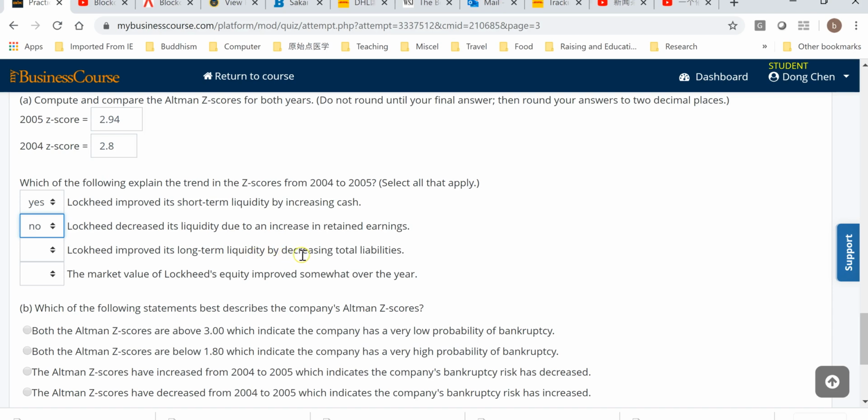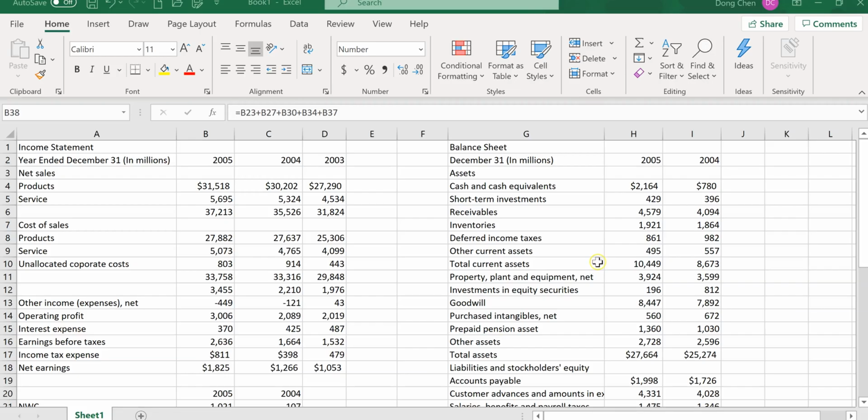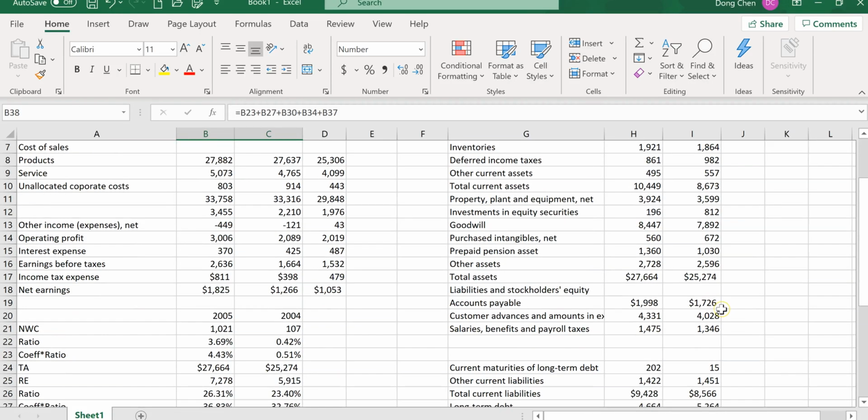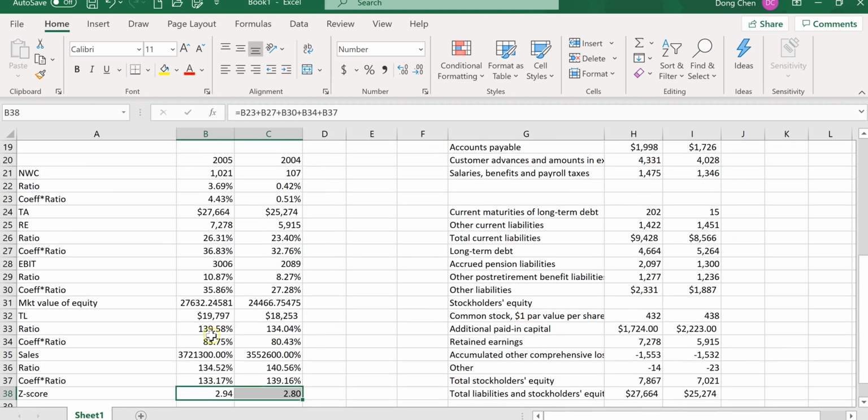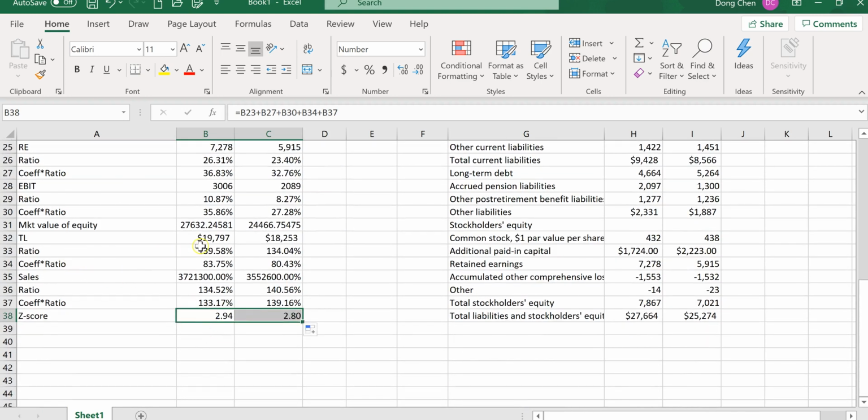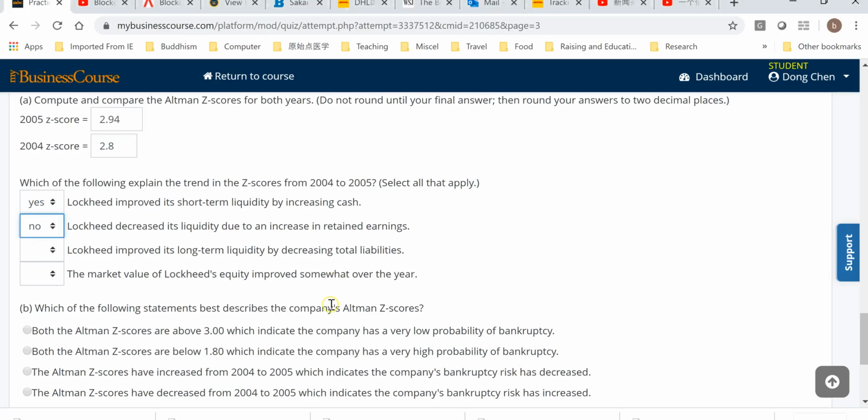And just to be absolutely sure, let's see whether total liabilities has decreased or not. We calculated the total liabilities in our calculation here, and you can see that from 2004 to 2005, the total liabilities has increased rather than decreased.